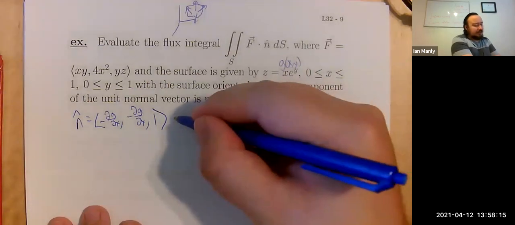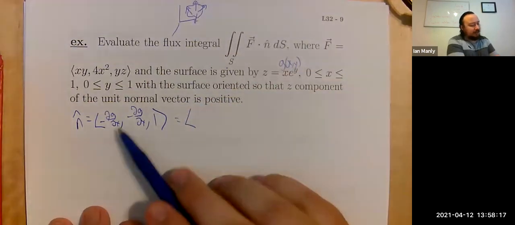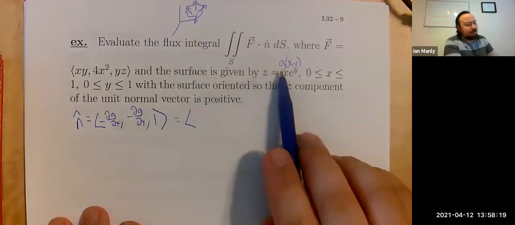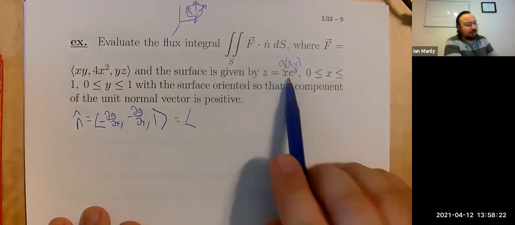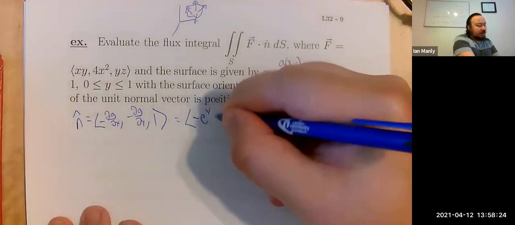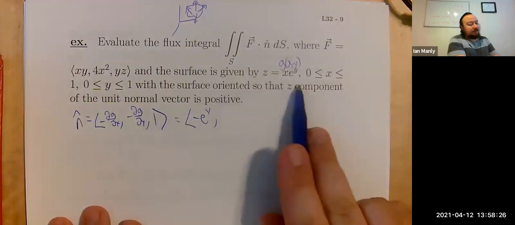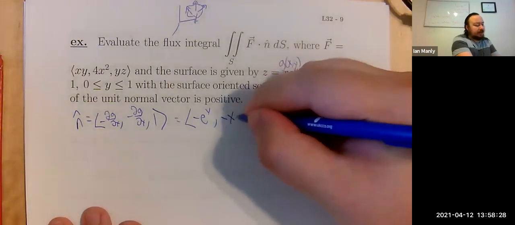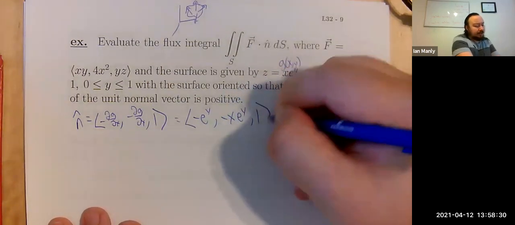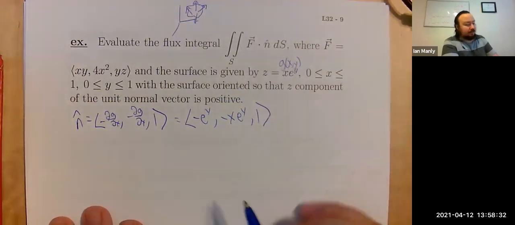So partial g partial x will be e to the y, so negative e to the y. The negative of the y derivative will be negative x e to the y, and then we have 1, no matter what.